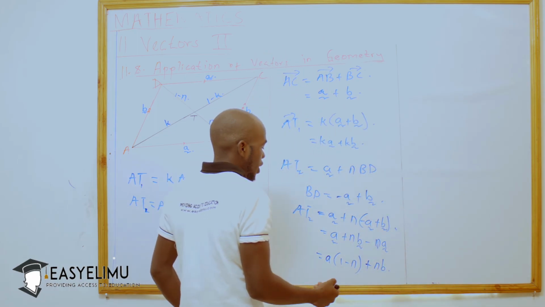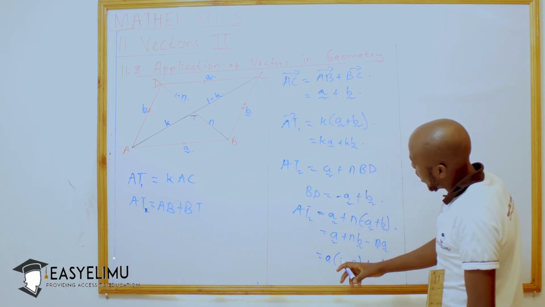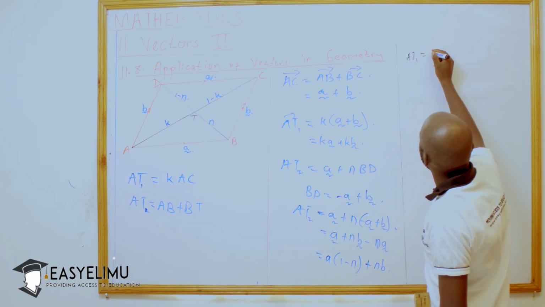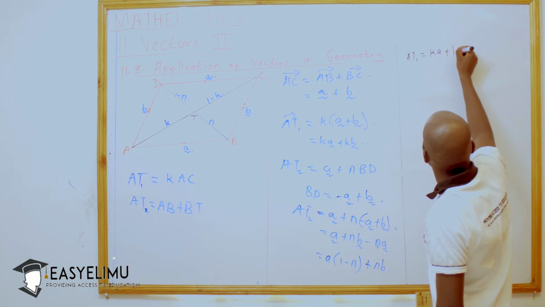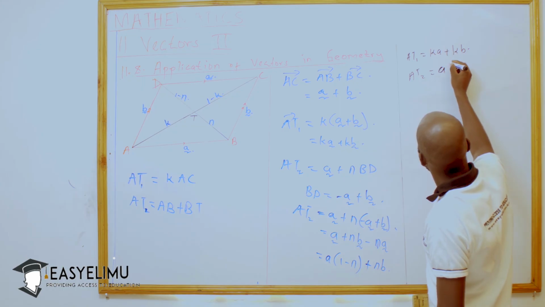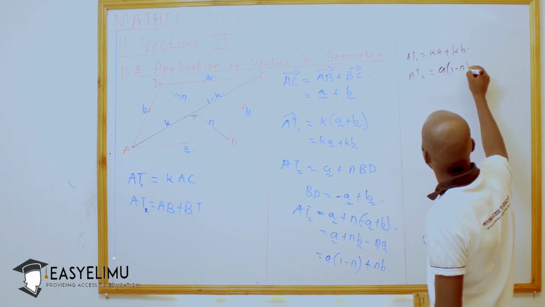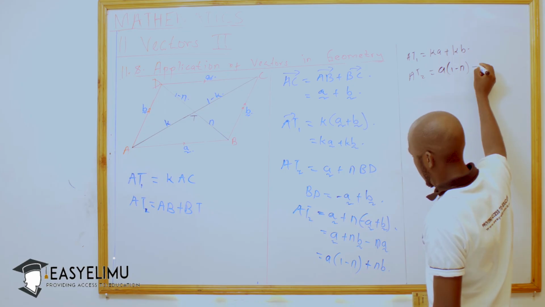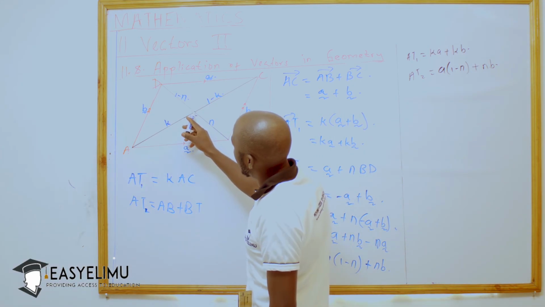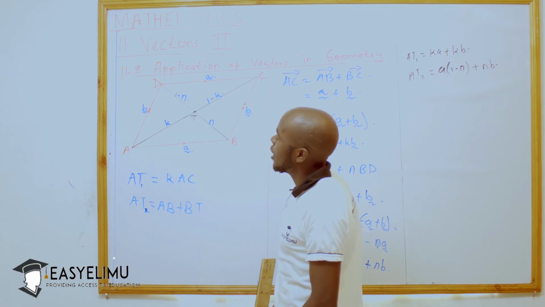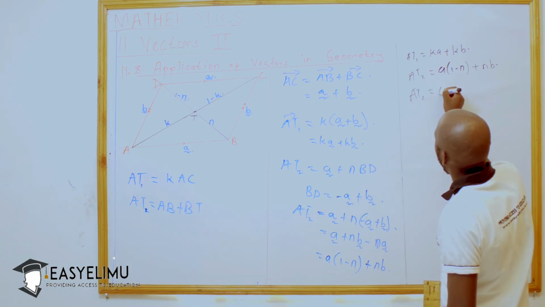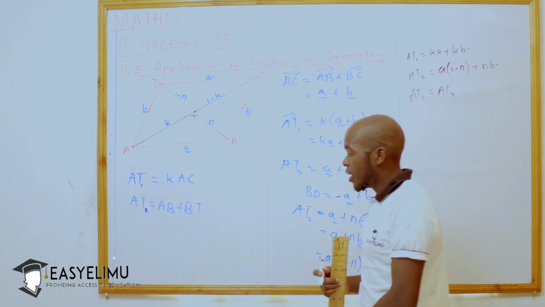On solution, since we have AT1 as Ka plus Kb and AT2 as A into 1 minus N plus NB, we can say, since it is at destination T, AT1 and AT2 are equal.